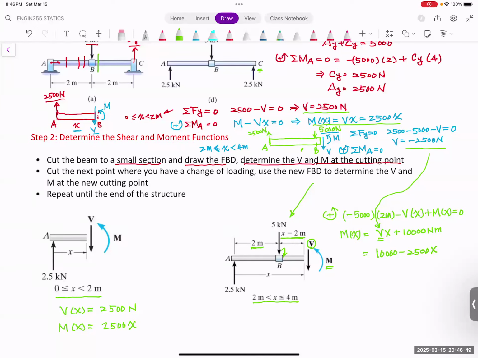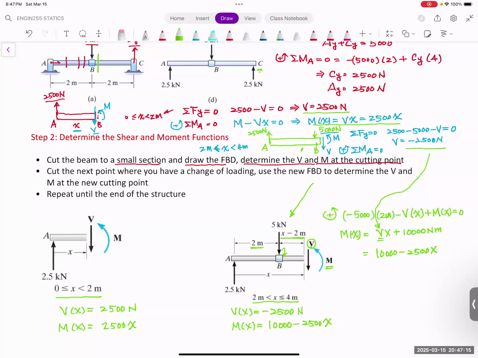And when you are in this region, we have Vx equal to minus 2,500 Newton, and our M of x is going to be equal to 10,000 minus 2,500 times x.